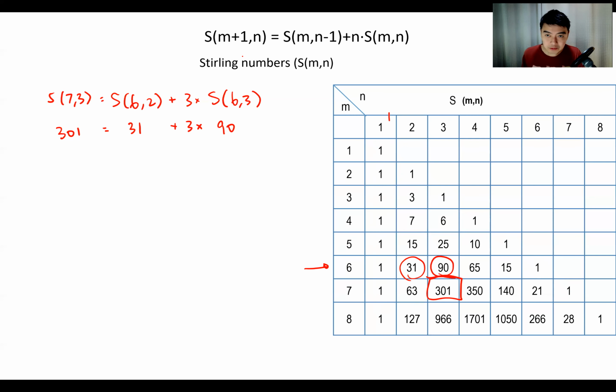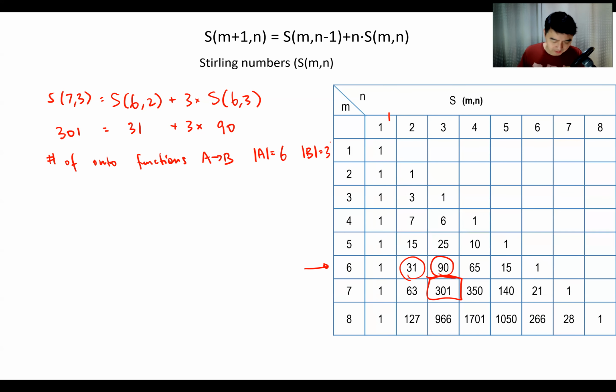Let's go through a couple of questions that allow us to use this table. What kind of questions can we take out of this table? The obvious one would be finding the number of onto functions from A to B, where the size of A is, let's say, 6, and the size of B is equal to 3.